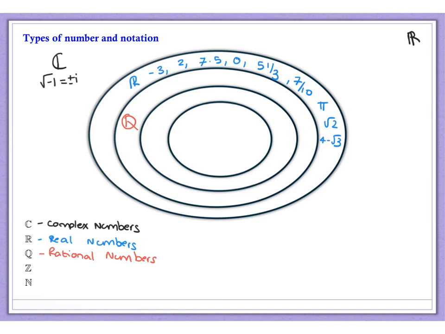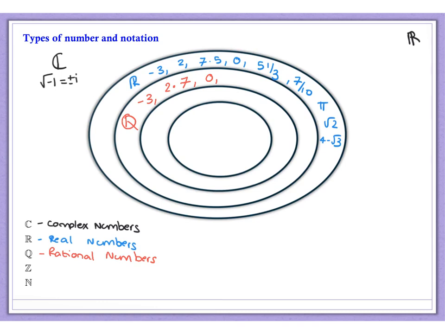So, any integer, negative or positive, is a rational number. Any finite decimal, i.e. any terminating decimal, is a rational number. 0 is a rational number because it can be written as 0 over 5, for instance.